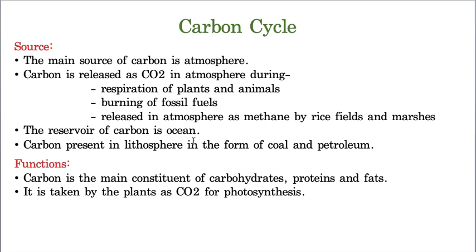That means it has the capacity to maintain the earth's temperature. Now if more carbon is released and it is present in the atmosphere itself, then what happens? More heat will be absorbed by the carbon. That means the earth becomes more heated up, and when the earth gets more heated up due to more carbon dioxide, that is called global warming.